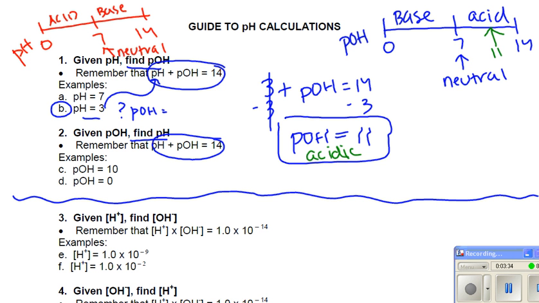So, for example, I would plug 10 in for pOH, and I would discover that pH would then be 4. So with a pH of 4, you could look on the pH scale. This is an acid. Pretty simple. These two types of problems are simply solved by subtraction.